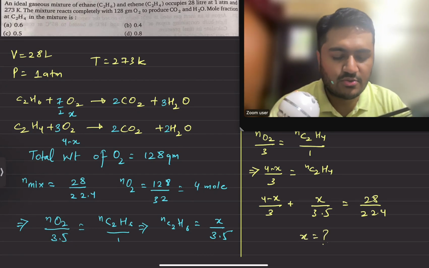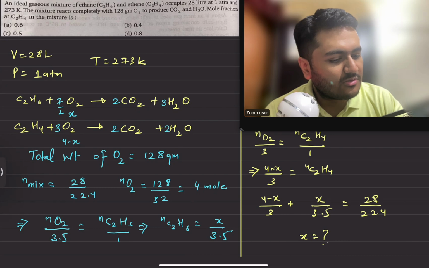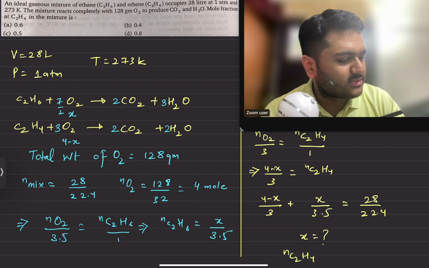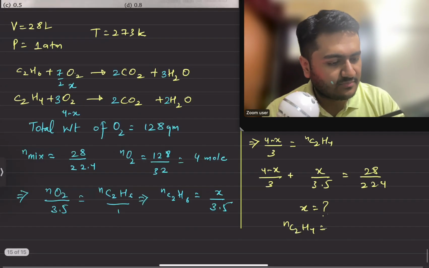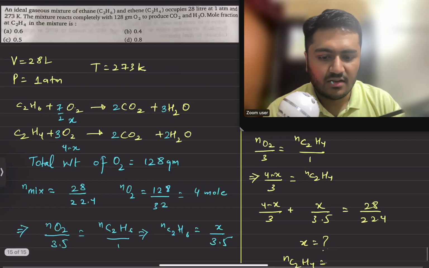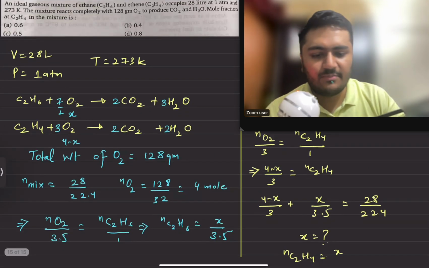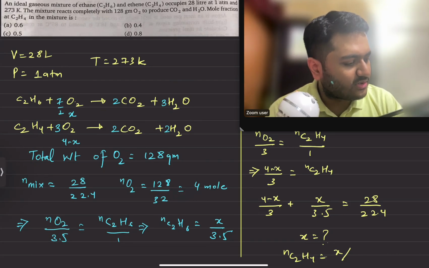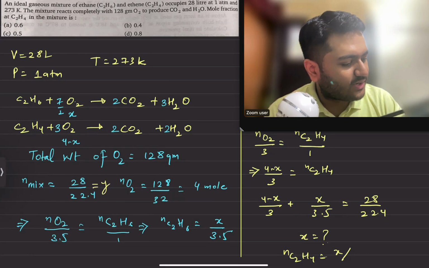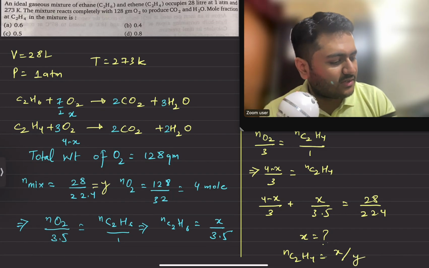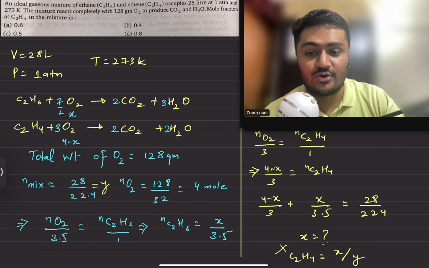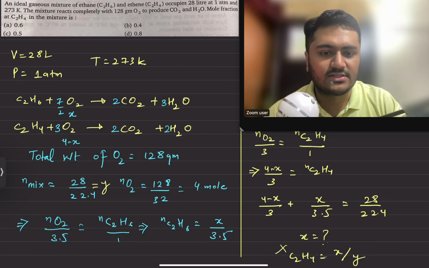You can also find the mole fraction of C2H4, which will be x divided by the total moles, which is 28 upon 22.4. Let's just call it y, because it's difficult to write. So the mole fraction of C2H4 will be x upon y. This is how you're going to approach this question. I hope you find this video helpful.